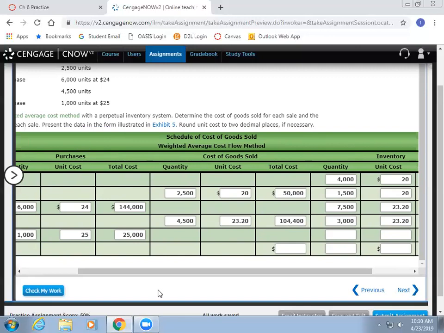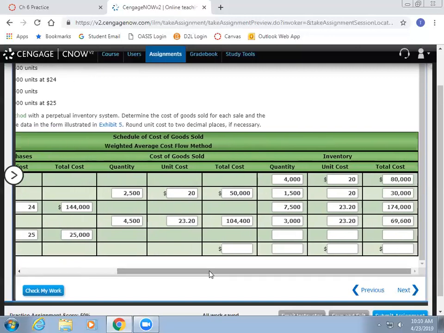So that's what I'll log. I'll log my totals over here in my ending inventory. So I have a total of 4,000 units at now $23.65 per unit. We've already calculated our total cost, the $94,600. Then the last line is just balancing.